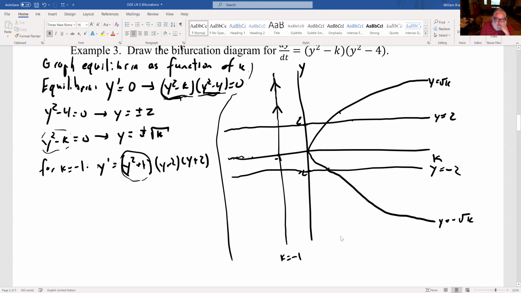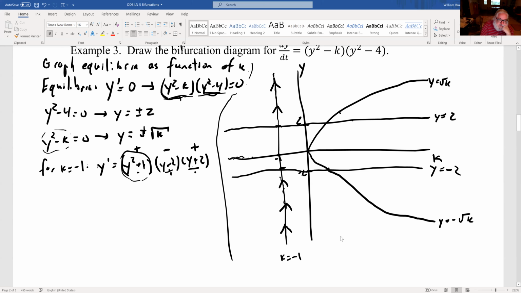So that goes up. If y is less than -2, so that's down here on the phase line, then this will be negative, and this will also be negative. So we'll get positive times negative times negative. So this will be positive. In between, if y is between -2 and 2, this one will be positive, but that one will be negative.